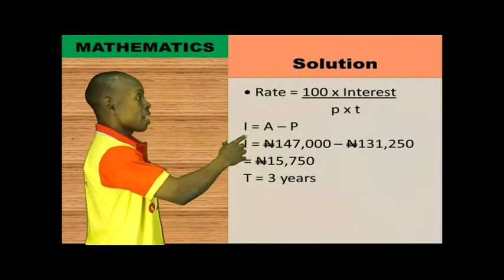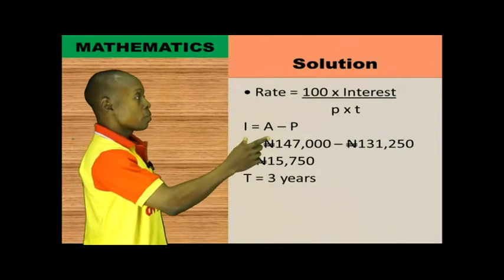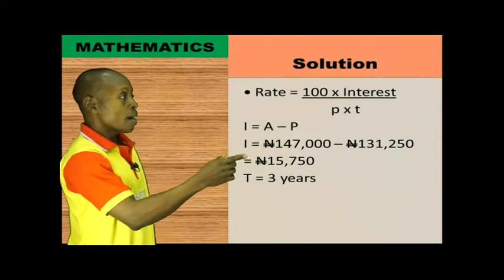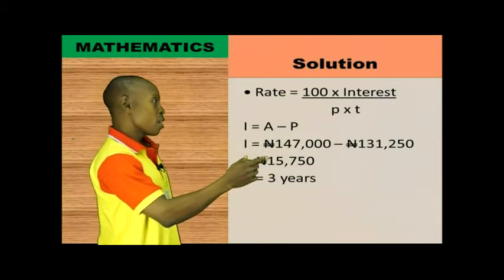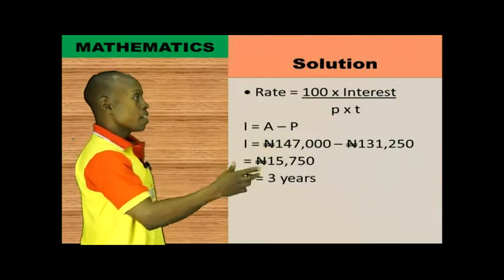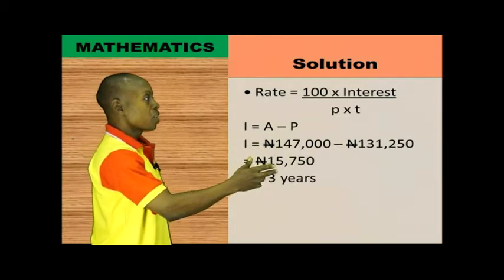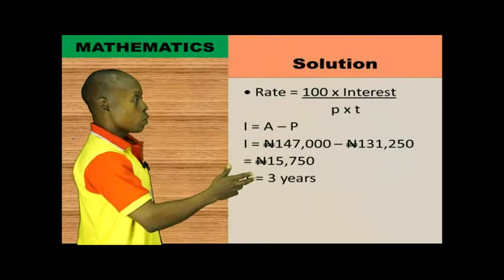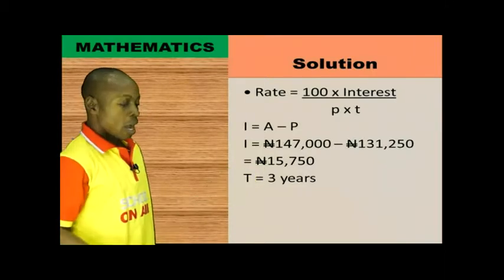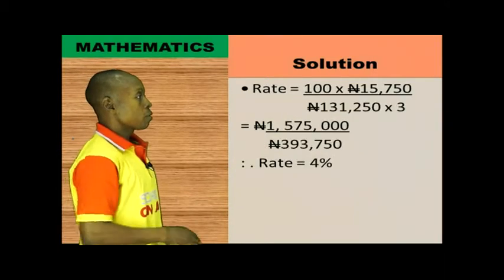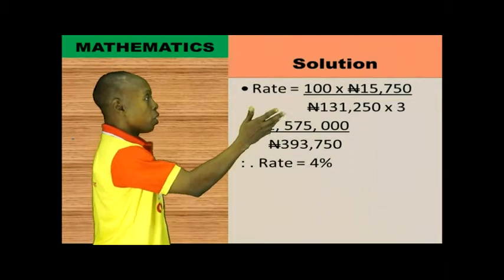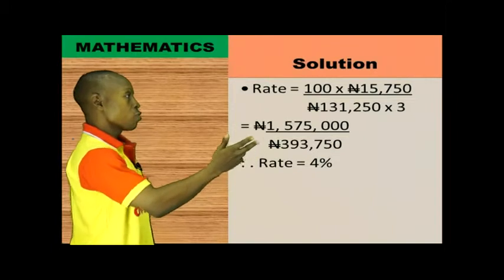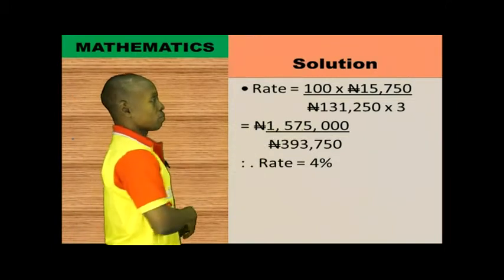And don't forget that I said interest is equal to amount minus principal, and the amount is 147,000, while the principal is 131,250. We find the difference and got 15,750 naira. We were also given the time in the question, and we slot in all the values in the formula. We have 100 times 15,750 all over 131,250 multiplied by 3.